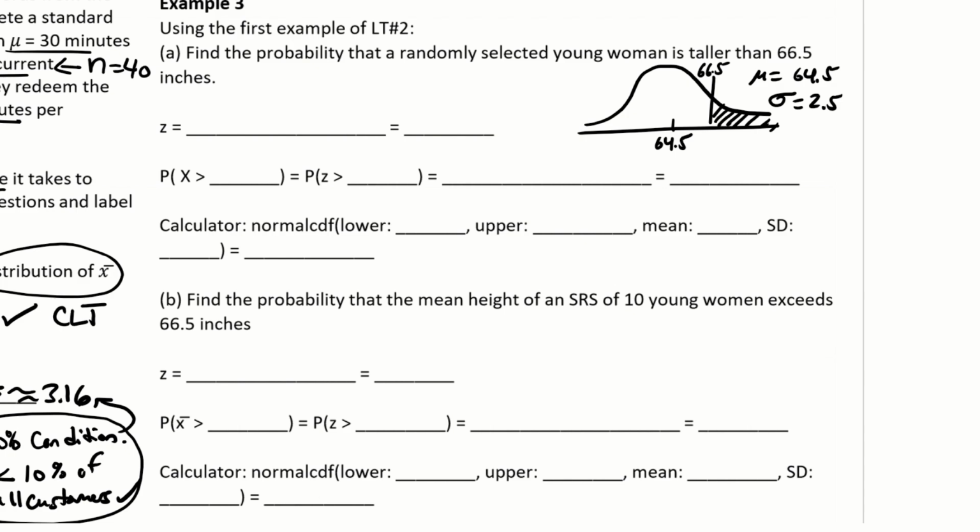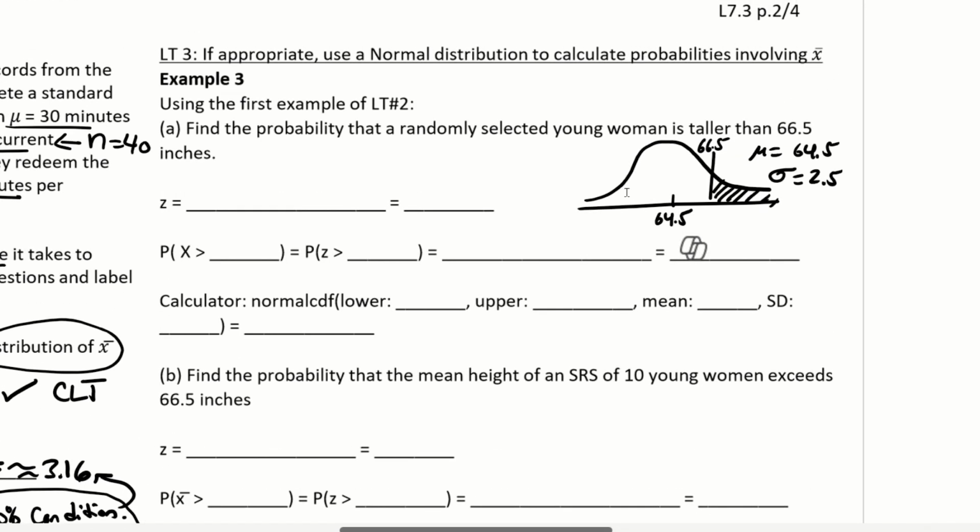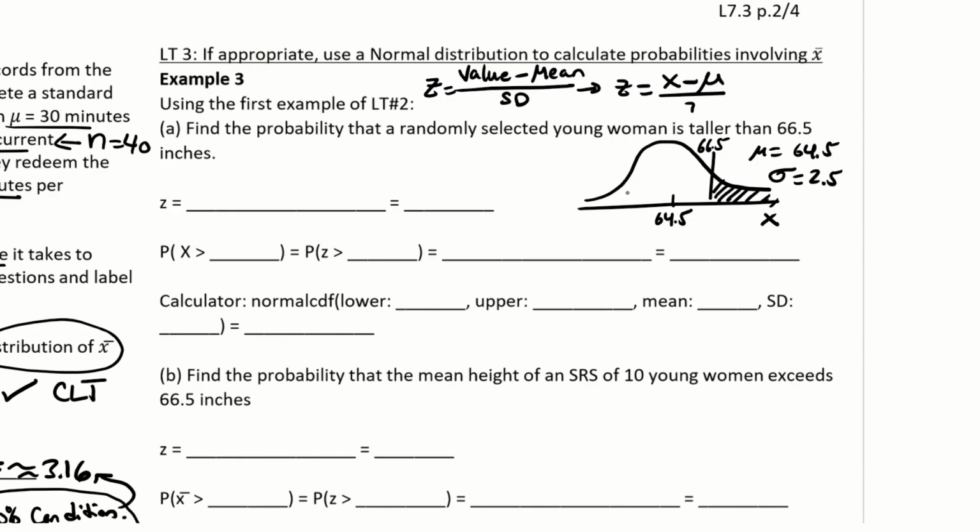So let's calculate the z-score. How do we calculate the z-score? Remember that the z-score is equal to value minus mean over standard deviation. In this case, our z-score formula is x, this is the x distribution right here, minus the mean, which is mu, over the standard deviation, sigma.